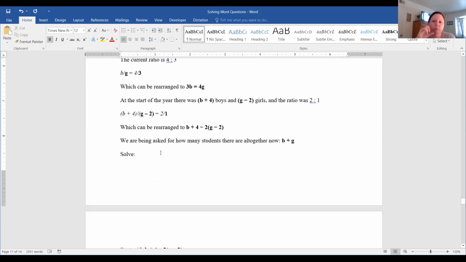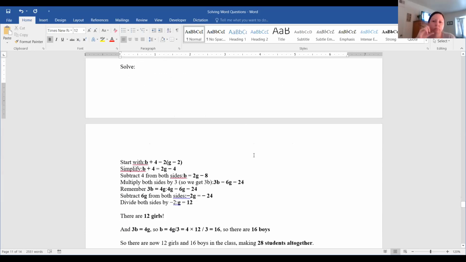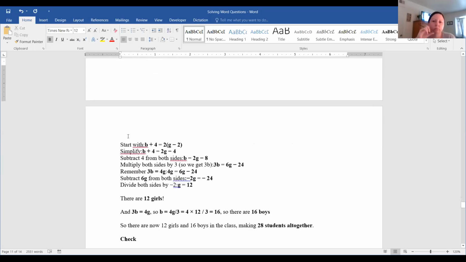We want to know how many students there are altogether, boys plus girls. So if we start with the formula we just calculated, B plus 4 equals 2 times G minus 2, and we simplify that by getting rid of the parentheses, B plus 4 is 2G minus 4. If we subtract 4 from both sides, we get B equals 2G minus 8.